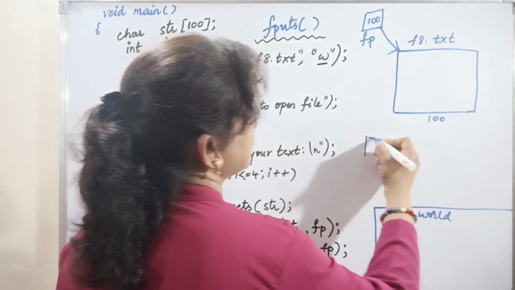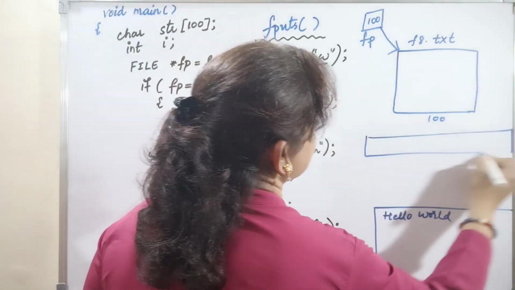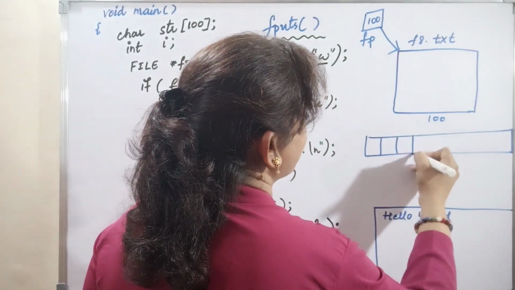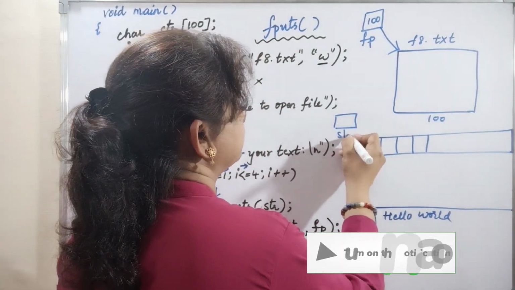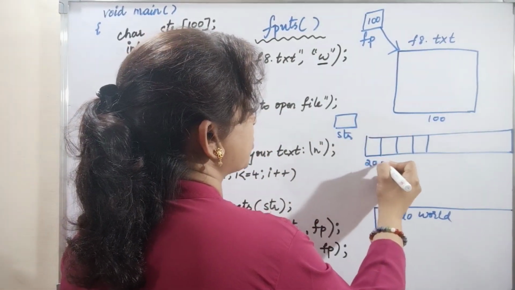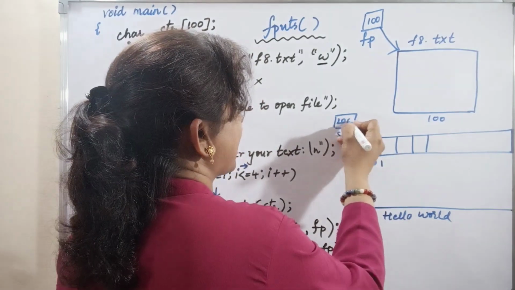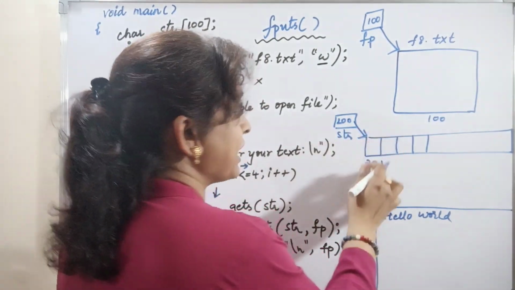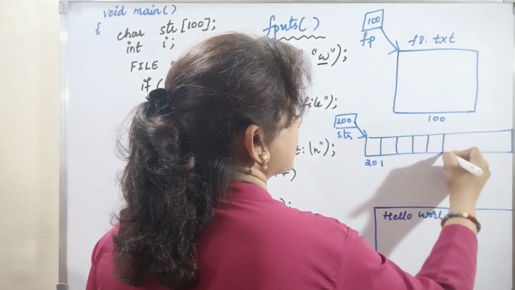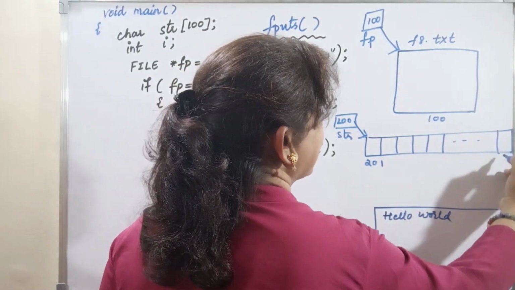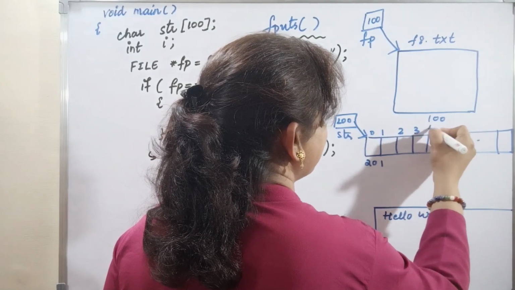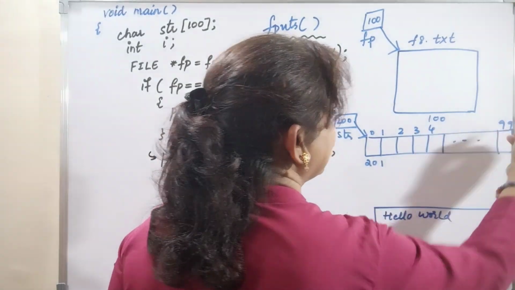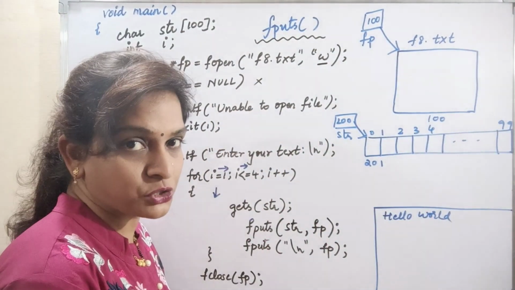So str is the array, and the array name acts as the implicit pointer. Say the location is 201. So this array name will be pointing to the base address. I can store up to 99, so it is from 0, 1, 2, 3, 4 up to 99. 100 characters I can store.